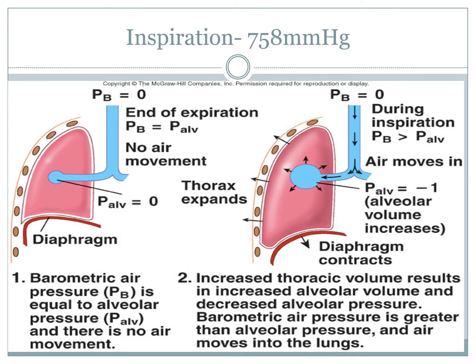When we increase the volume of our thoracic cavity, we create a negative pressure within our alveoli themselves. So the pressure drops to 758 millimeters of mercury. That creates a negative pressure compared to atmospheric pressure, which was around 760, so it draws air into the lungs.